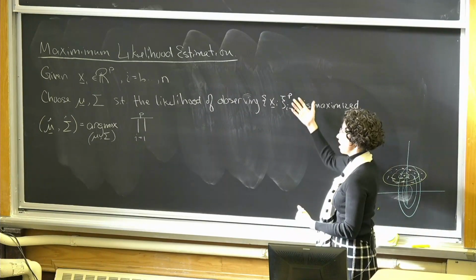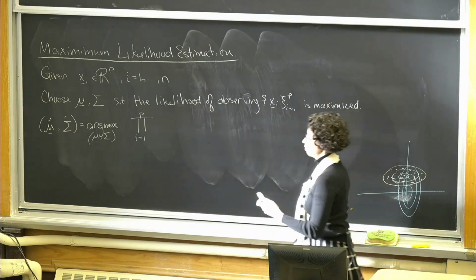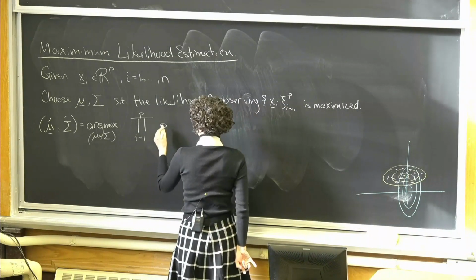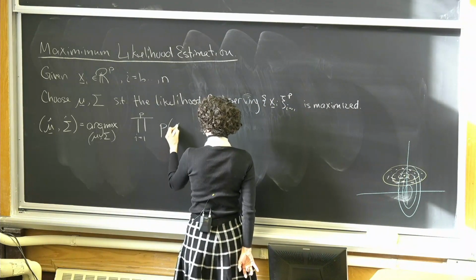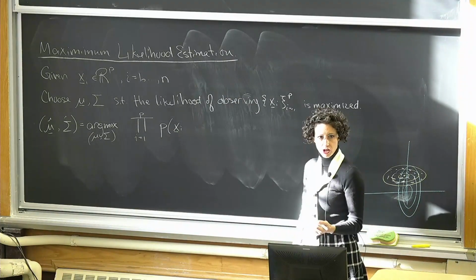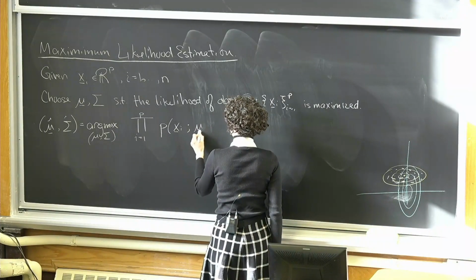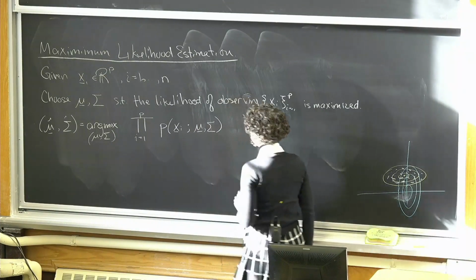Once I draw one of the xi's, it doesn't affect what the other xi's are. So we're going to look at the product of this distribution function p evaluated at each xi. We're going to look at the likelihood of each xi, where this likelihood function has parameters mu and sigma.